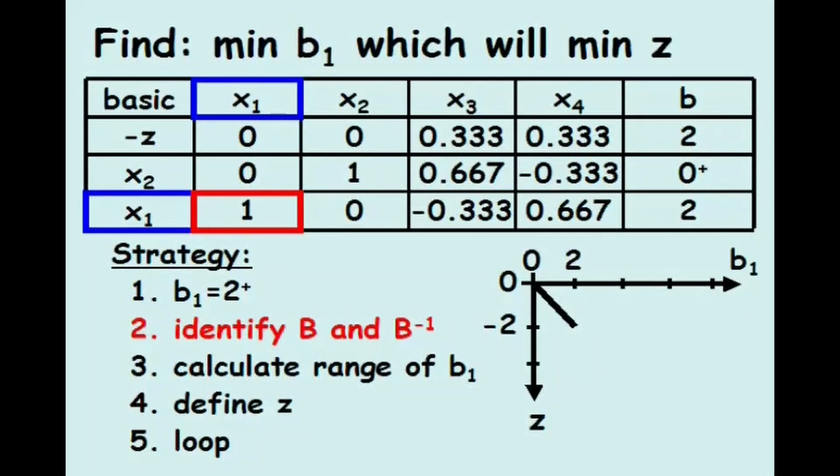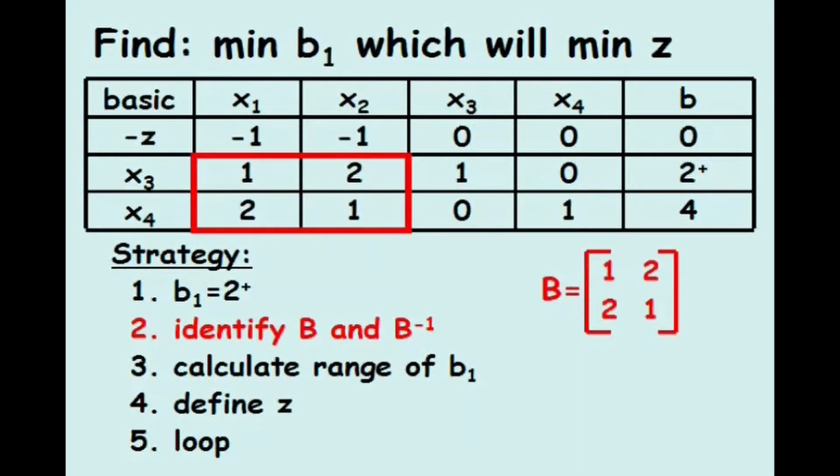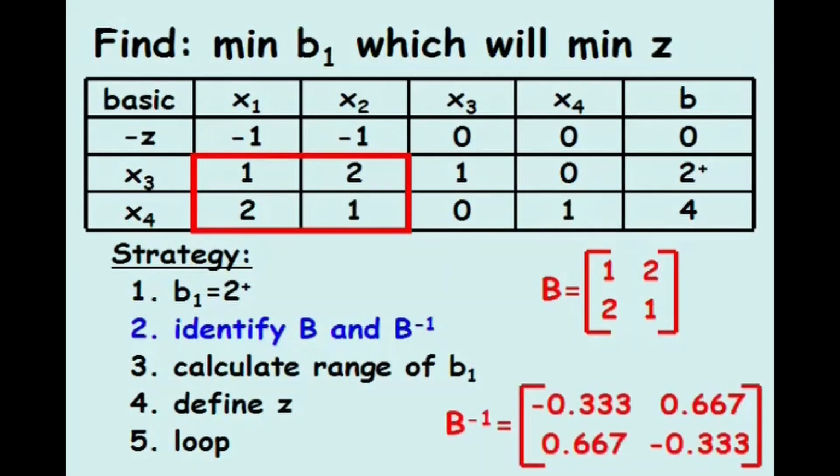Since x1 and x2 are the basic variables, matrix B equals 1, 2, 2, 1. And matrix B inverse equals negative 0.333, 0.667, 0.667, negative 0.333.